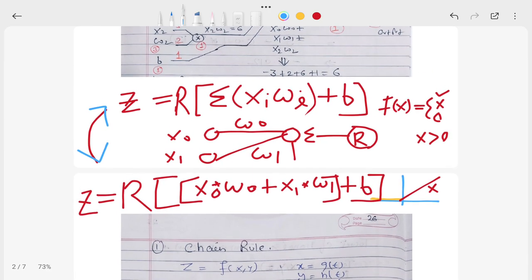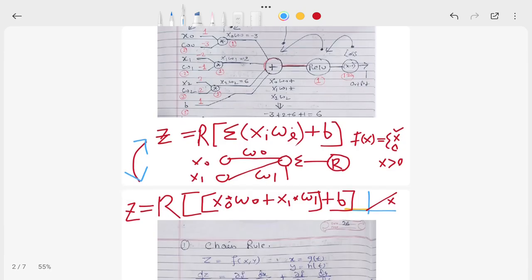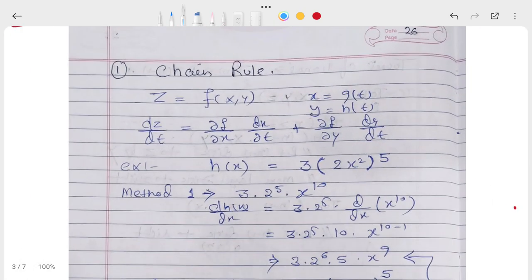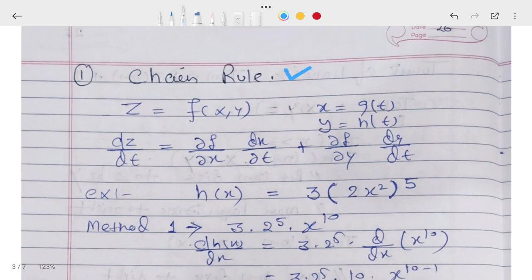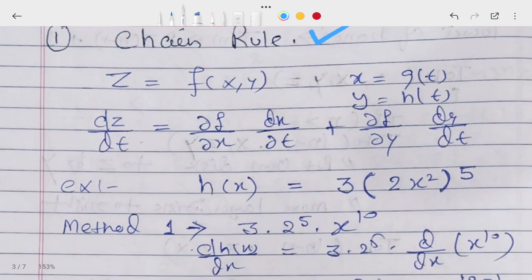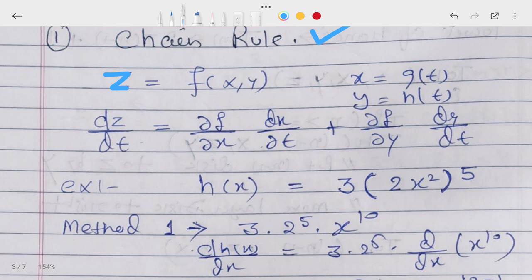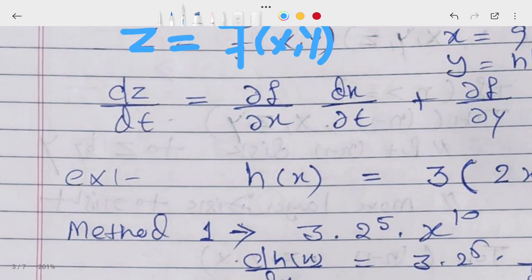So now I will come again. This is my agenda. Before learning back propagation, at first we will learn what the chain rule is. Suppose we have a function z is equal to f of x and y. What is the meaning of this? We have a function with two variables, and we want to differentiate it with respect to t.